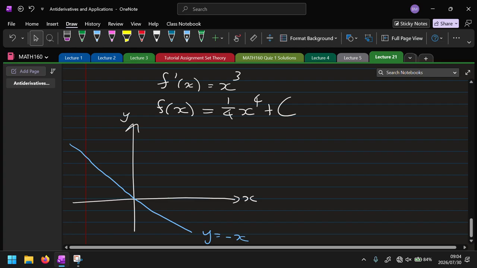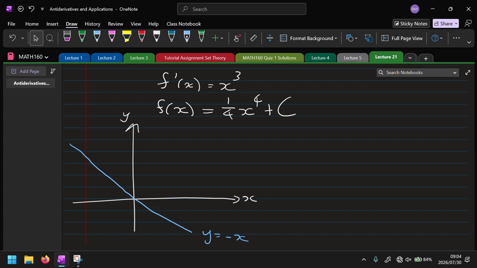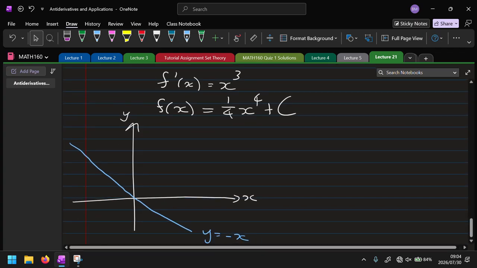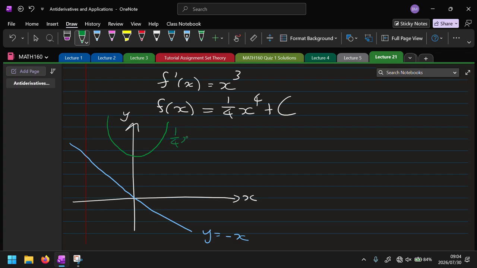And we've got this function. And plus c, we don't know what that is yet. But let's say c was like 5 or something, which means we have our function shifted up by 5. So it's going to look like this. Something like that. You see that if c is 5, we're too far off the tangent line.